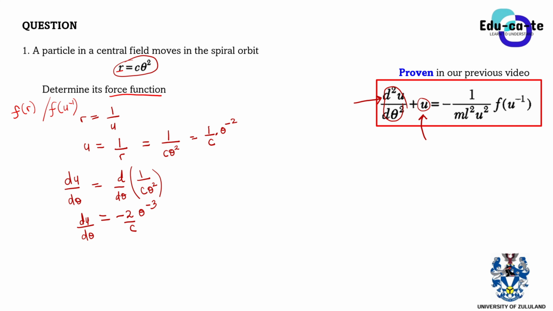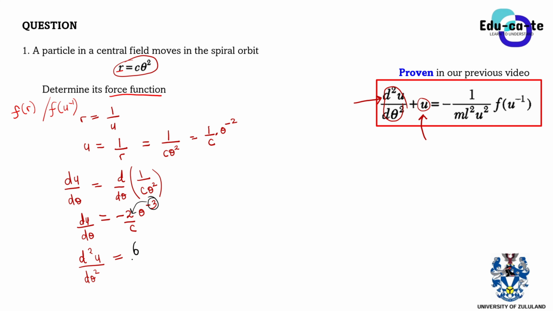We are not interested in the first derivative, we want the second derivative. So we differentiate this again with respect to theta. We can apply the same power rule by multiplying -3, the exponent of theta, times -2, and we get +6.